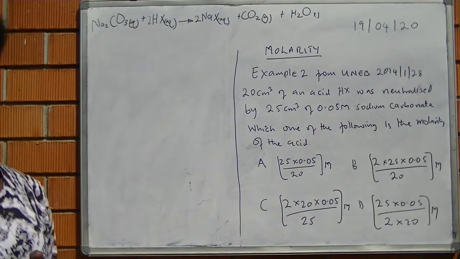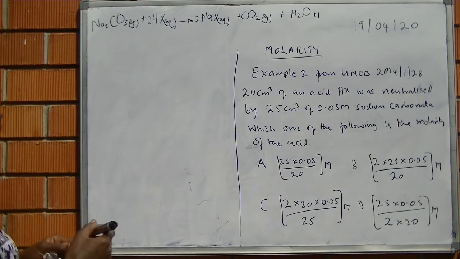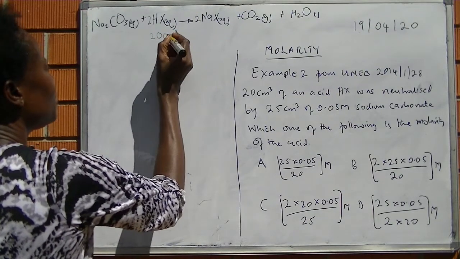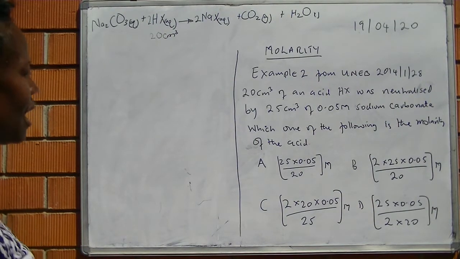So having balanced your equation, now you go to the question. We are told 20 cubic centimeters of the acid. Put the 20 cubic centimeters below the acid, was neutralized by 25 of 0.05 molar sodium carbonate.